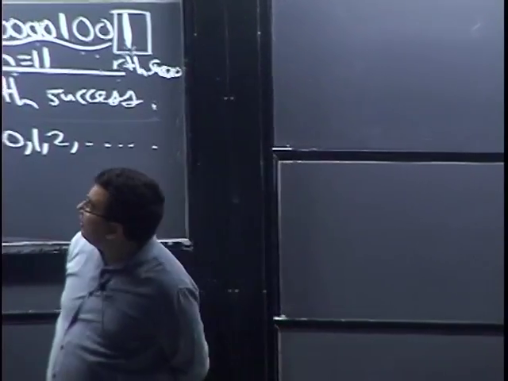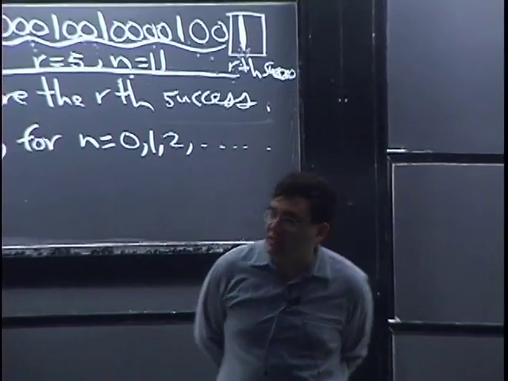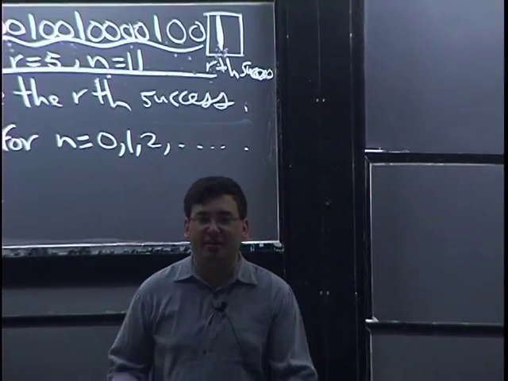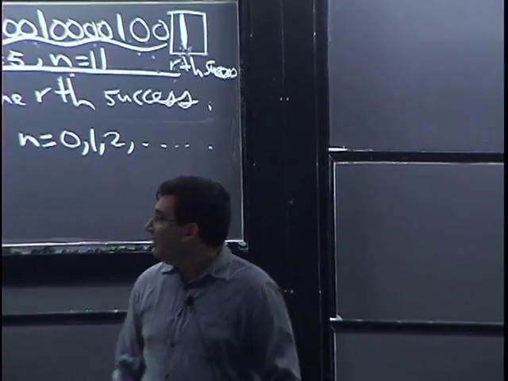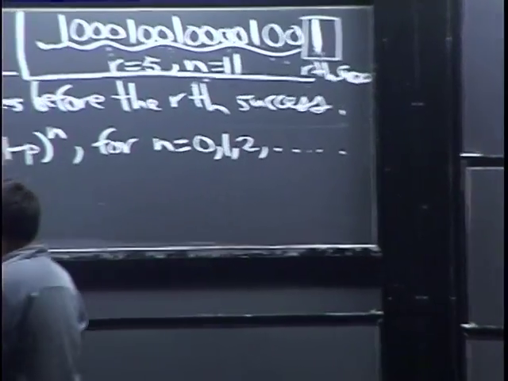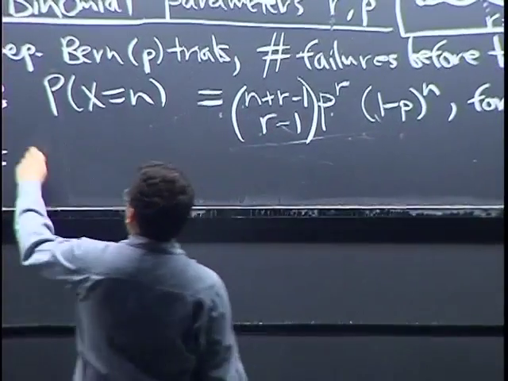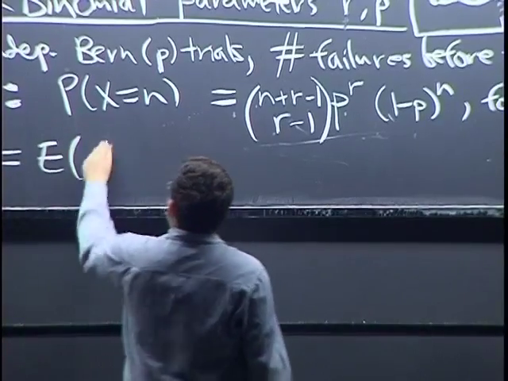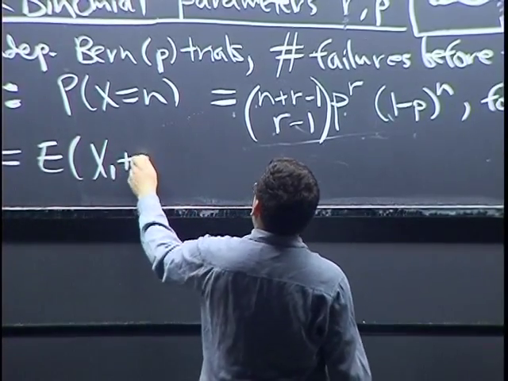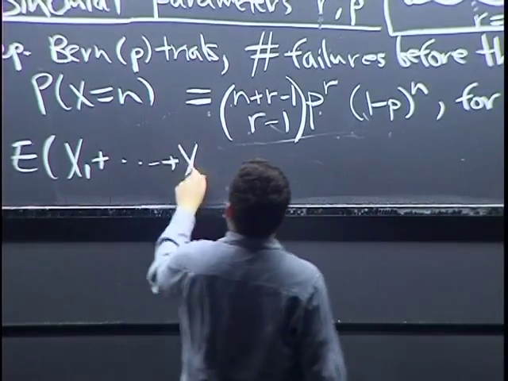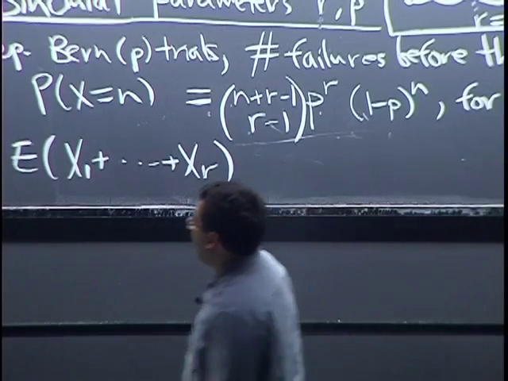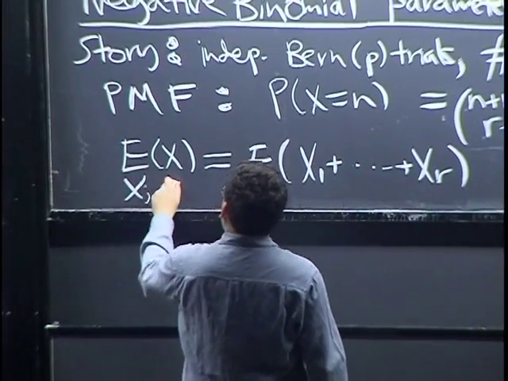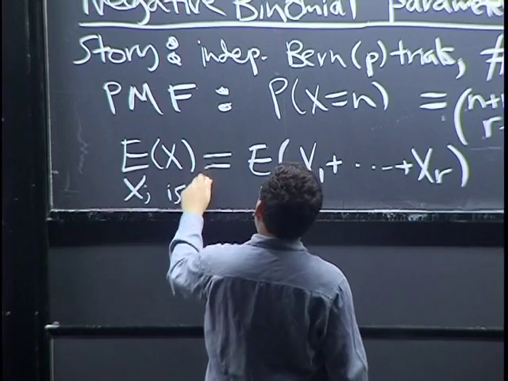And in general, if you want to wait for r successes, you can think of that as first wait for the first success, then wait for the second and the third and the fourth. So therefore, we can interpret this as, I'm going to rewrite X as X1 plus blah, blah, blah plus Xr, where Xj is the number of failures.